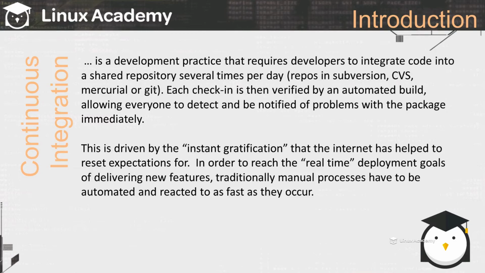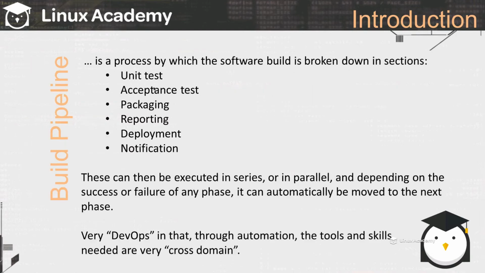Jenkins helps in that because it continuously integrates anything that's deemed ready for deployment. In order to reach the real-time deployment goals of delivering new features, traditionally manual processes have to be automated and reacted to as fast as they occur. So going back to Jenkins, it can notify whomever along the entire build pipeline, which we'll talk about next, that they have an issue that needs to be addressed in real time.